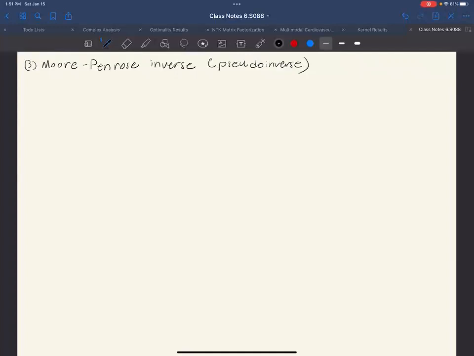So first of all, if I'm given a matrix A that's an n by n matrix, and I'm trying to solve a system of equations that looks like Ax equals b, if I know that A is invertible, I can just compute A inverse b. Okay, so now on the other hand, let's say I have now that A is an m by n matrix, and I'm trying to solve a system of equations, Ax equals b, but now let's say m is much bigger than n.